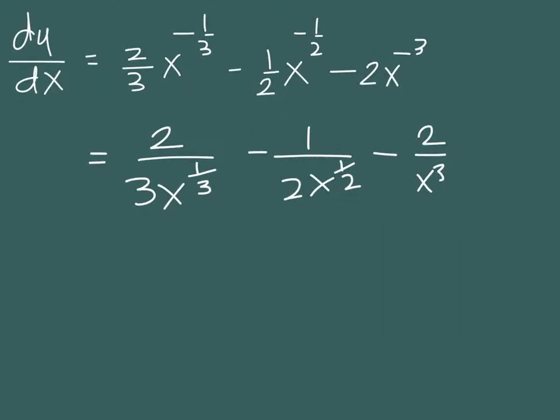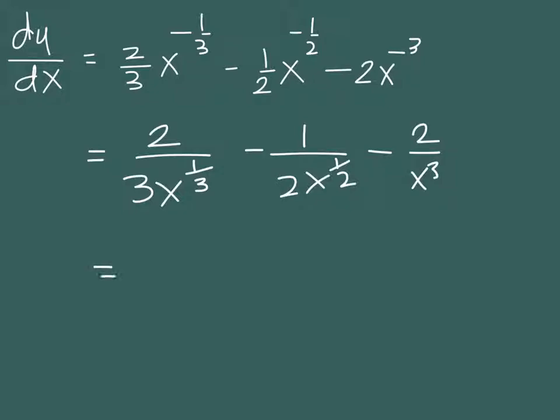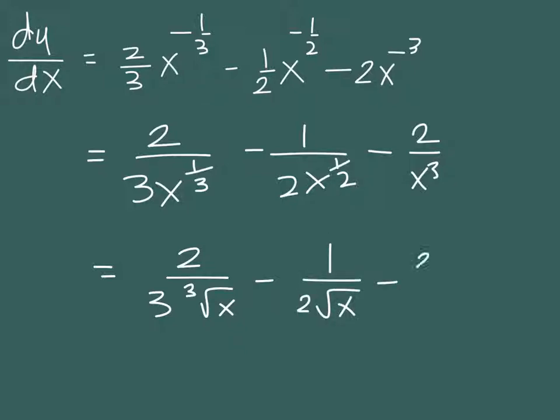Okay, although in the test you will not be required to do the multi-step for this, but to give you a knowledge on how, this is 3. How do you change x to the 1/3 in radicals? Cube root of x minus 1 over 2 square root of x minus 2 over x cubed.